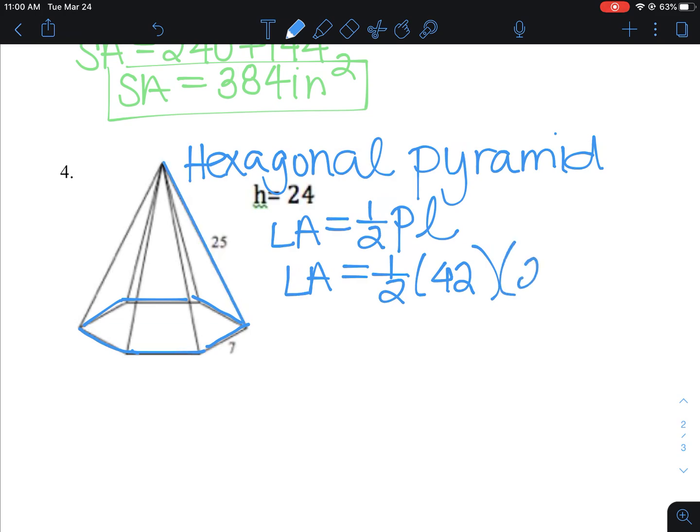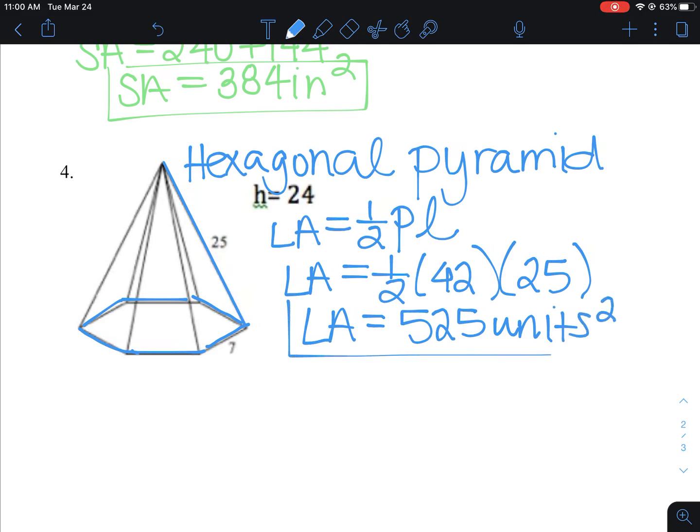The slant height, it shows us right here, is 25. So the lateral area, 42 times 25, and then divide that by 2, is 525. It doesn't give us units, so units squared.